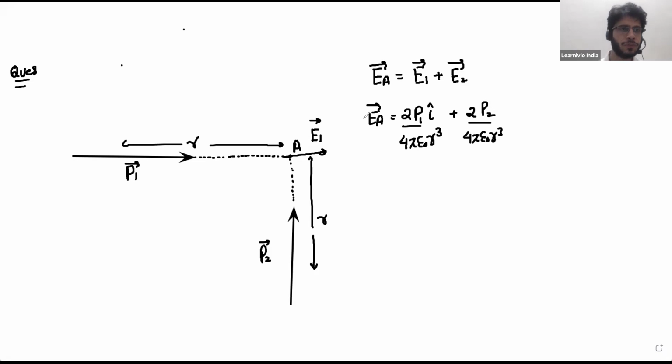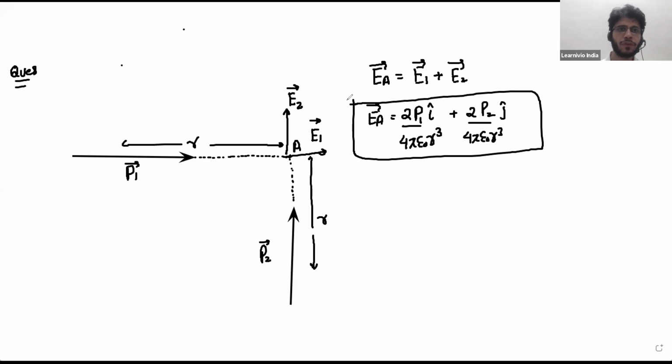And what's the direction of the field, along the x-axis or y-axis? j cap, y-axis. Very good. So the dipole moment is upwards, which means the field is again in the upwards direction. So that is your E2. You can simply put a j cap over here. So this is the direction of electric field due to both dipoles at point A.